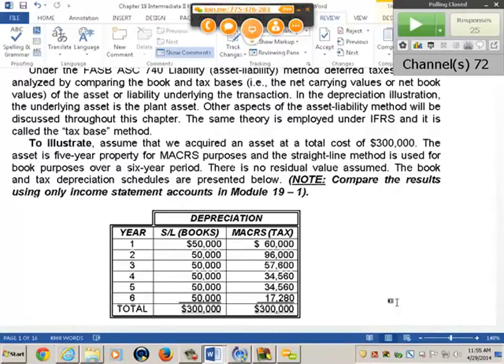The deferred tax provision, and the deferred tax liability. And that provision's at 40%.